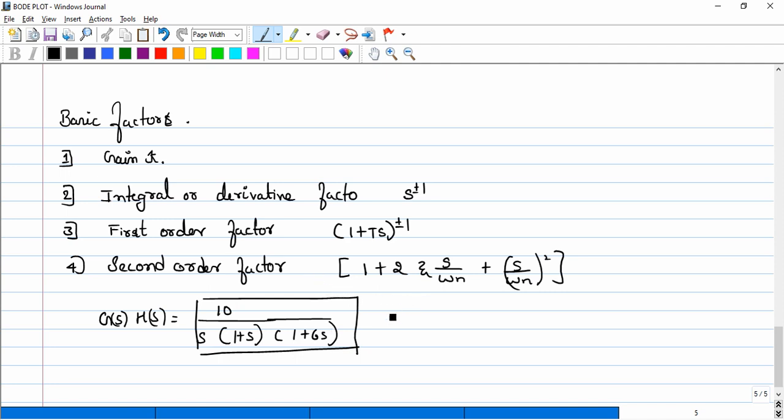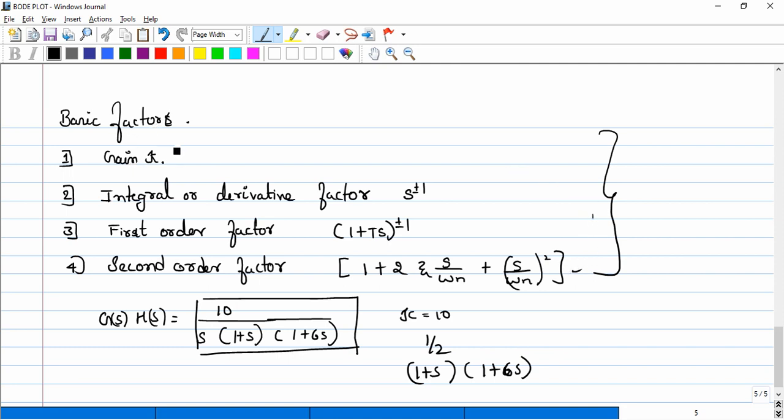Now if you see here, we have a gain K as 10, that is the first factor, and we have the integral factor, that is 1 by s, and again we have the first order factors, that is 1 plus s as well as 1 plus 6s, and we do not have a second order factor. In some problems you may get a second order factor. So this is what I meant by the basic factors that may appear in your problem.